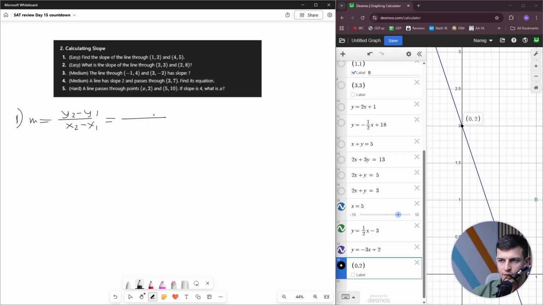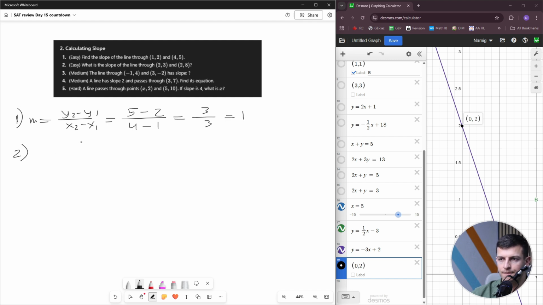All I have to do again is plug in the values. So y2, 5, minus y1, 2, over 4, which is x2, minus 1, which is x1. That's going to be 3 divided by 3, which is equal to 1.